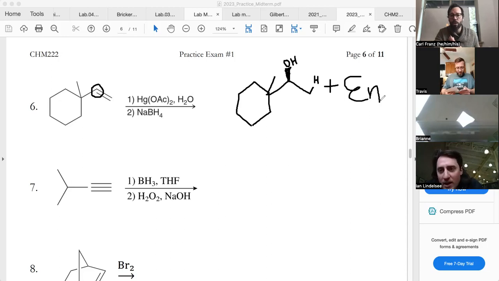So when you see this stuff, you have borane and tetrahydrofuran in the presence of peroxide and a base, think to yourself, hydroboration oxidation, anti-Markovnikov. That's going to be important because that's going to tell us where the group goes. And then we'll have an aldehyde. Yes, we'll make an aldehyde.